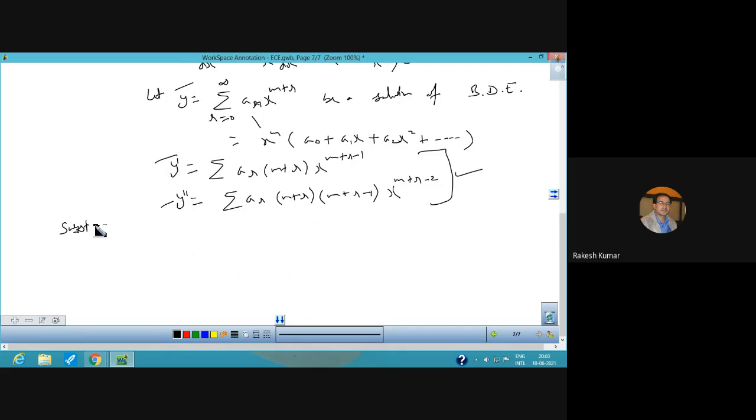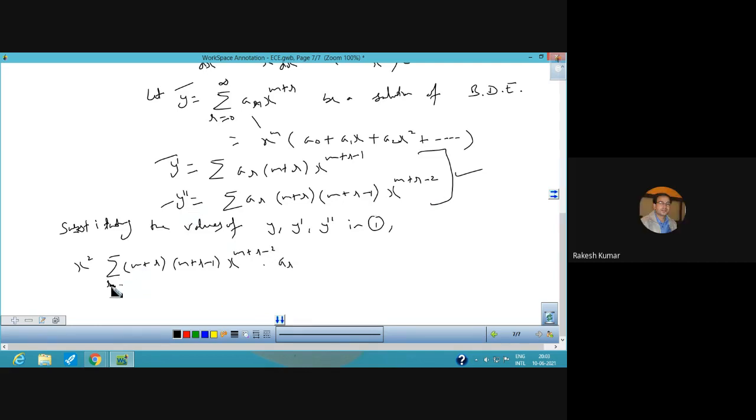So substituting the values of y, y dash, y double dash in 1, we shall get x square into summation m plus r, m plus r minus 1 x raised to power m plus r minus 2 into a r, which is y double dash, where r is 0 to infinity, plus next term is x into summation m plus r.